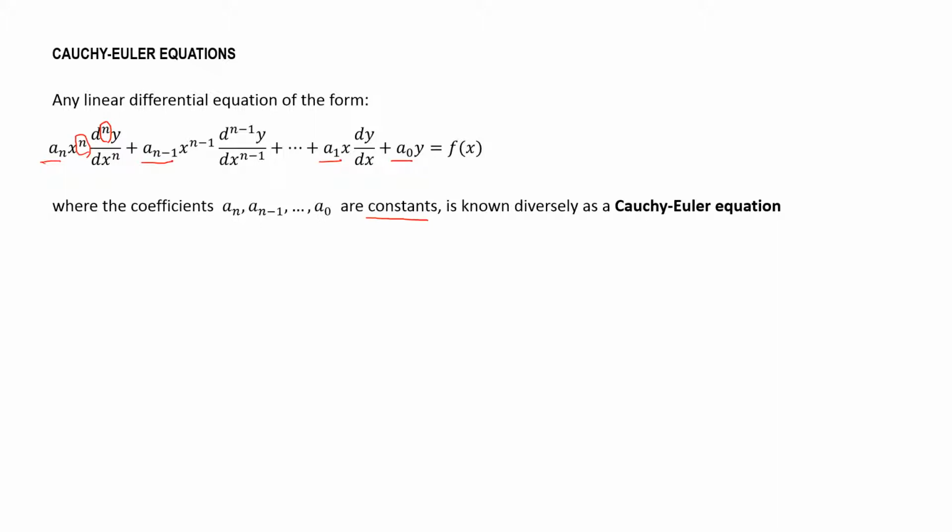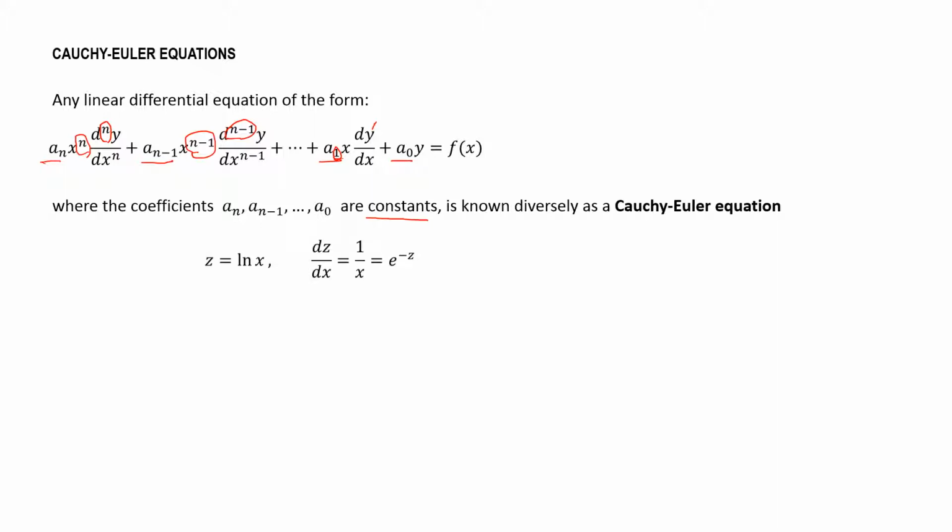In the same manner here, this is n minus 1, this is the same as n minus 1, this is 1, and this is 1. So generally speaking, the power of x is the same as the order of the derivative of the unknown y.